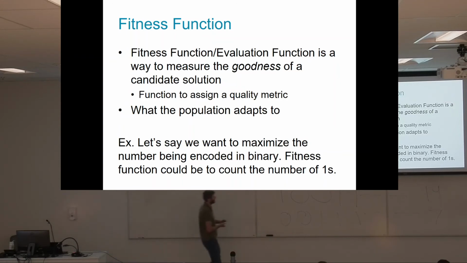But let's say I gave you a third option, which was 1, 1, 0, 0, 0. What does this decode to? 16 and 8, 24. Great. So this is better, right? Or what if I gave you 0, 0, 1, 1, 1?